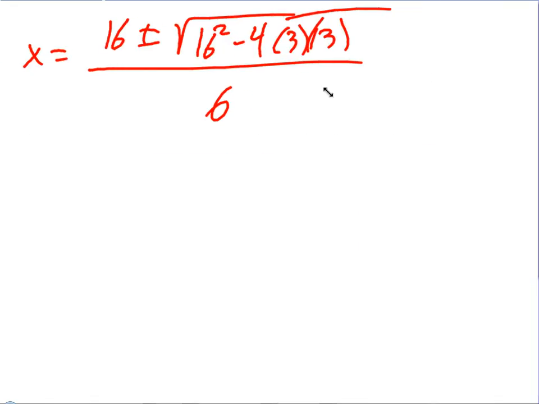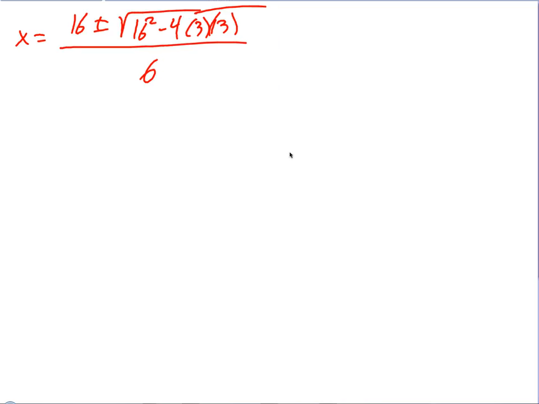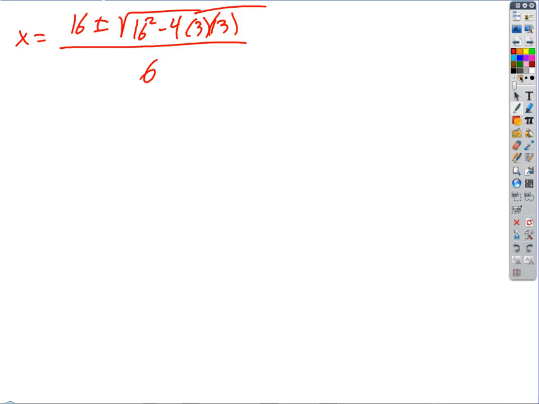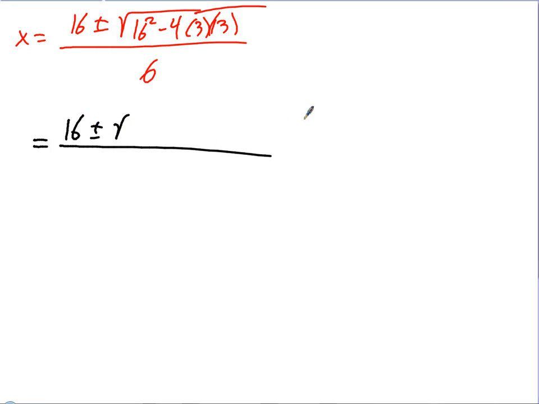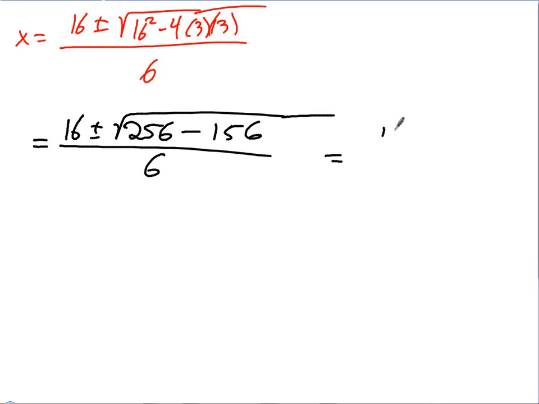Okay, so 16 squared was that 256? Yeah. 256 minus 12 times 13, that's going to be what? 156? Is that right? Yeah. All over 6, so that worked out kind of nicely, didn't it?